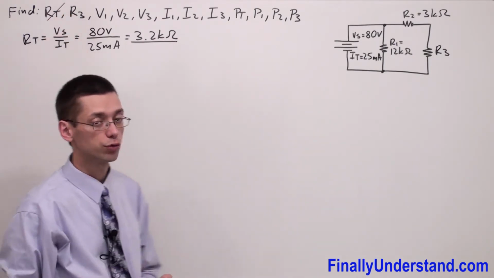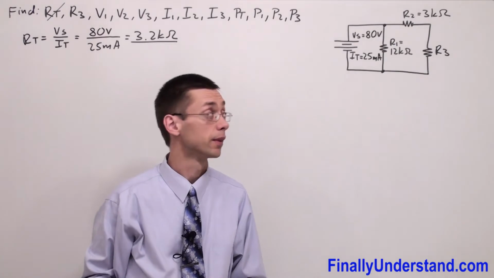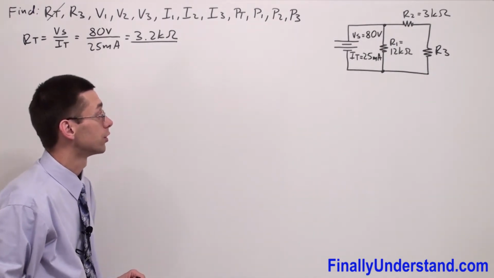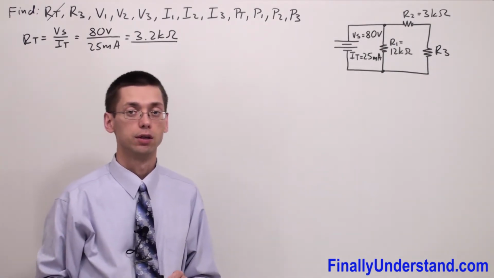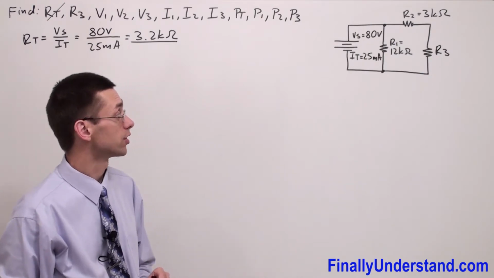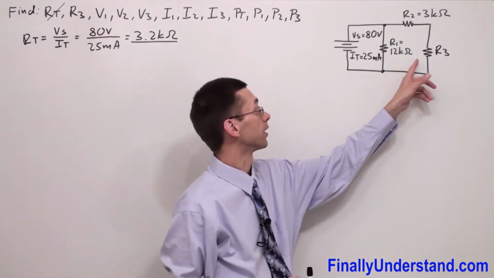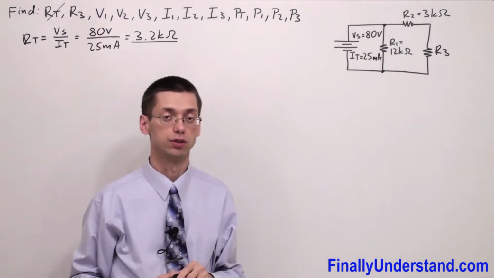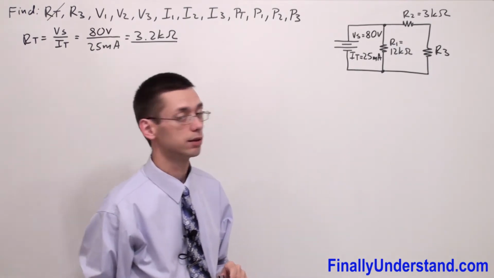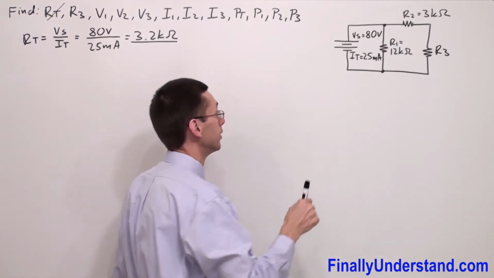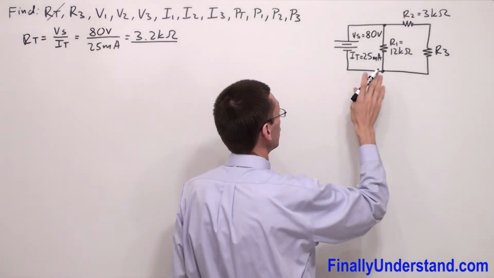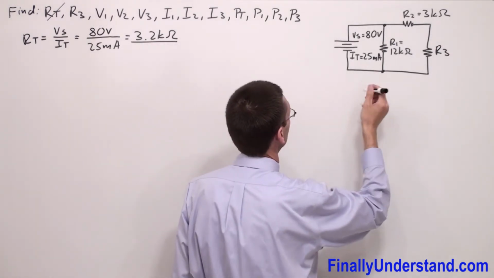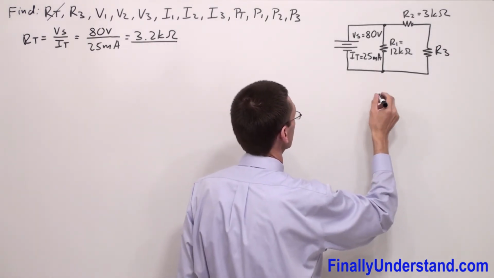Next, I'm going to find R3. I'm going to use the formula called the product over the sum in order to find R3. Of course, you can use a different way to find R3, but I want you to practice this method too. But before I do the algebra, I would like to just redraw the circuit a little bit.